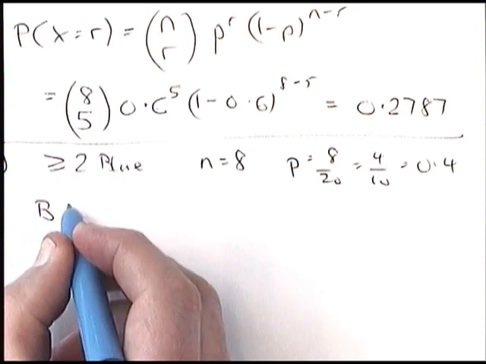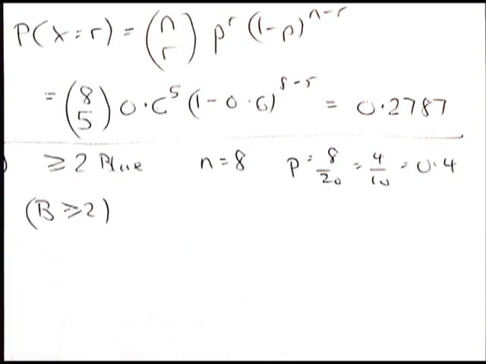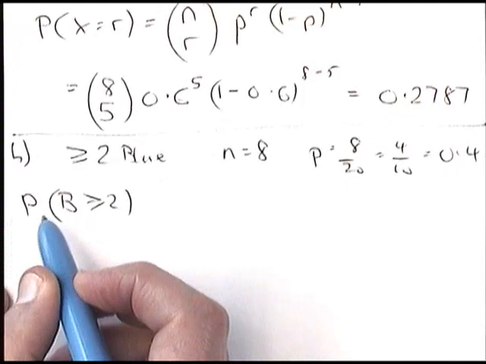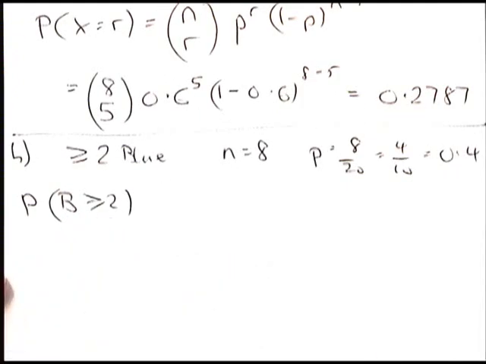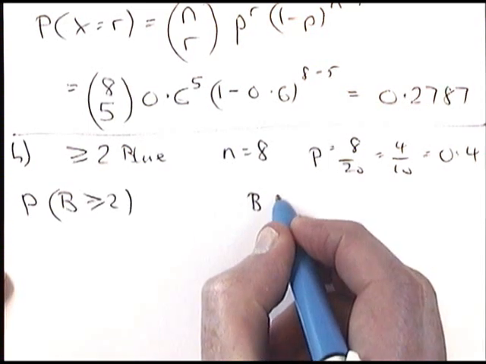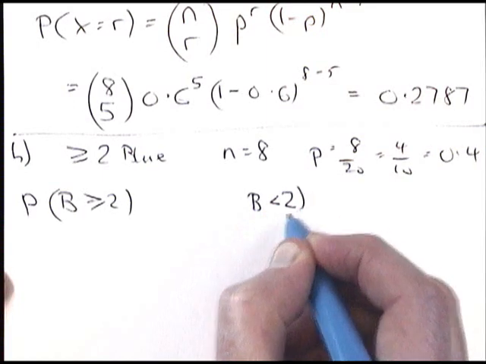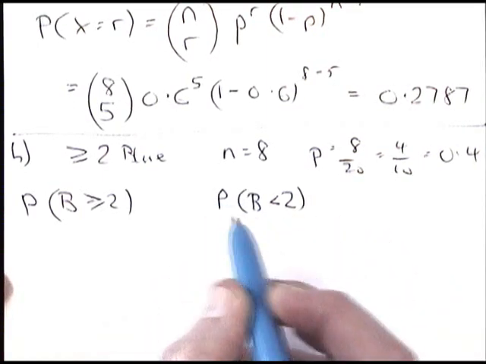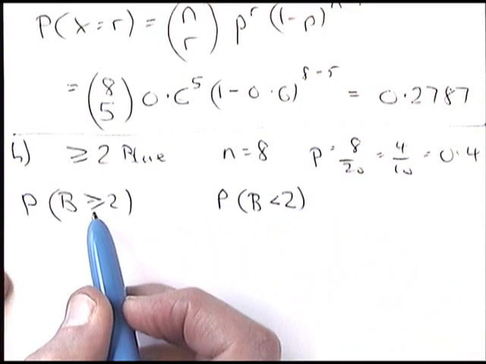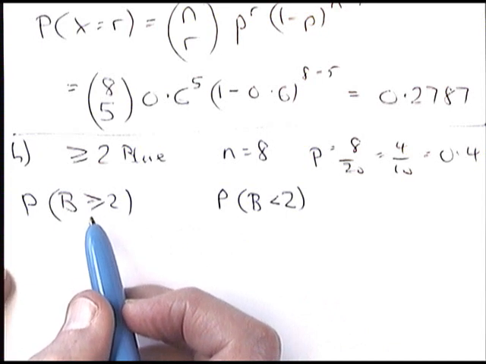If I want the number of blues to be greater than or equal to 2, that's a probability. The probability of blues is greater than or equal to 2. That's exactly the opposite of the blues being strictly less than 2. So these are opposite things. Greater than or equal to 2 is 2, 3, 4, 5, 6, 7, 8.